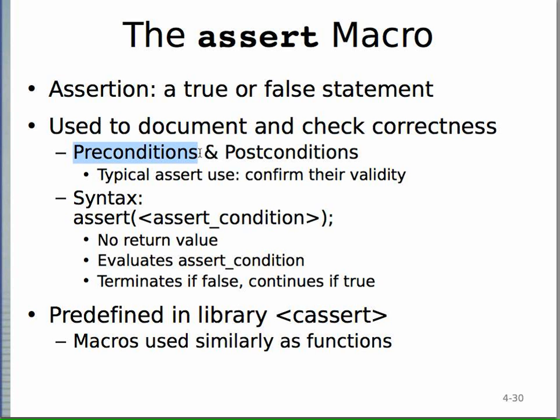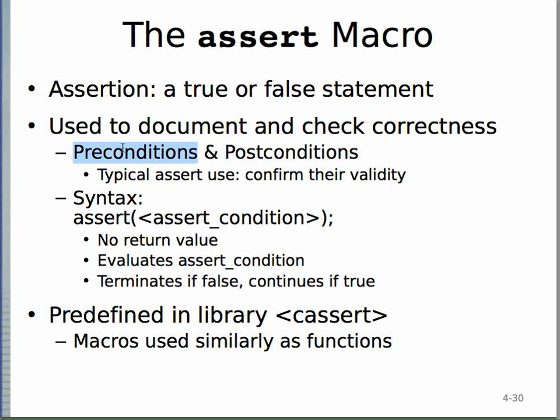And then typically what we say is if those conditions are all true, then we can guarantee some certain behavior, and those are called postconditions. For example, take the square root function. If you're going to do the square root of x, the precondition would be that x is not negative. x has to be 0 or positive.